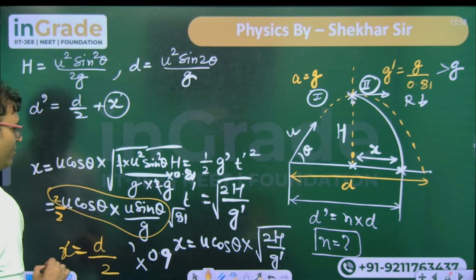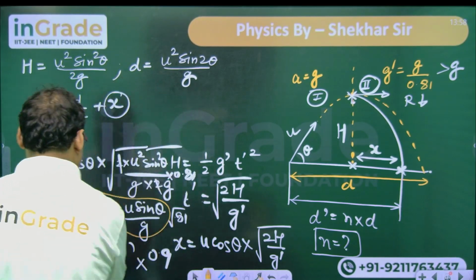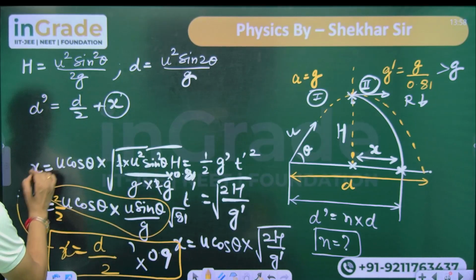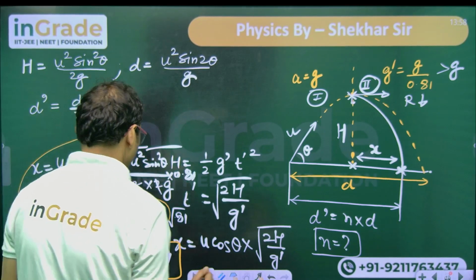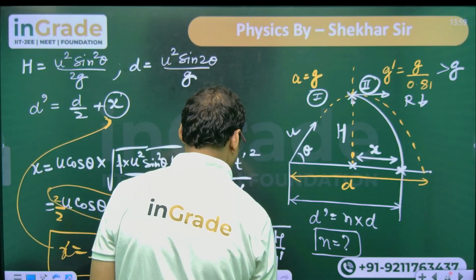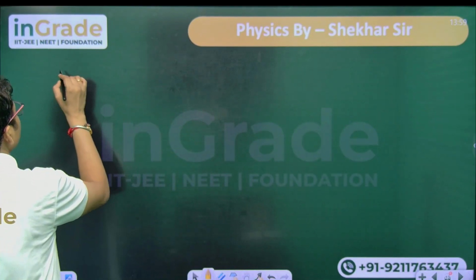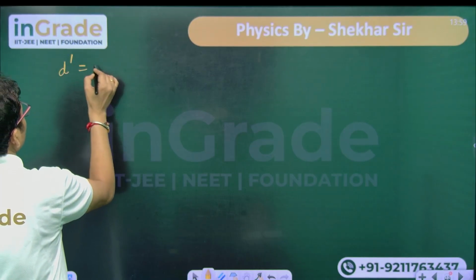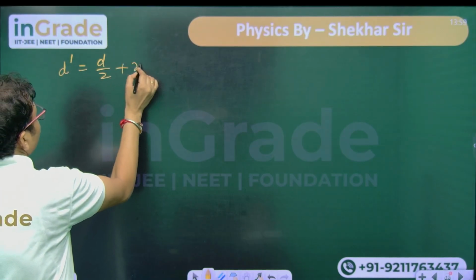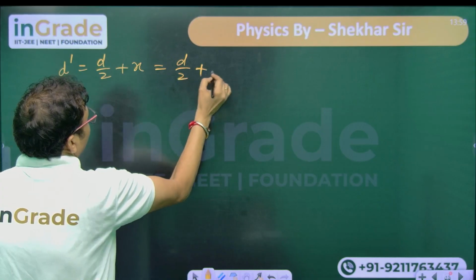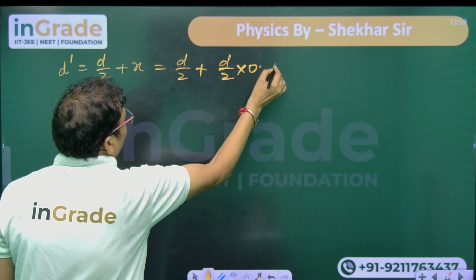x is equal to d by 2 into 0.9. If we put the value of x here, our equation will be d dash is equal to d by 2 plus x, that is d by 2 plus d by 2 into 0.9.